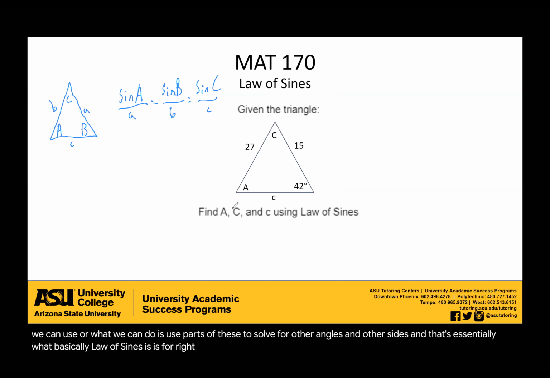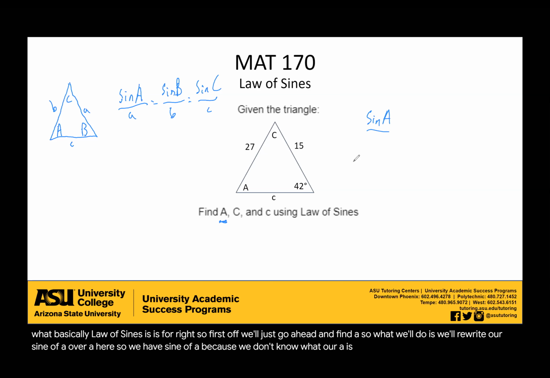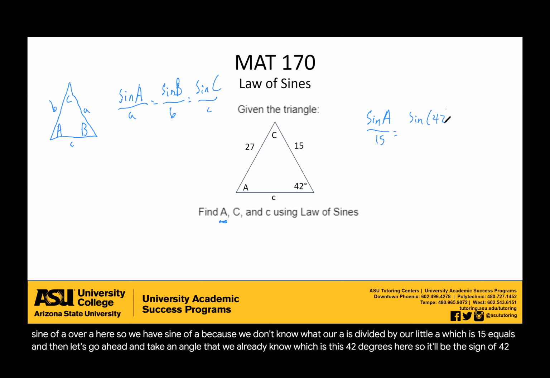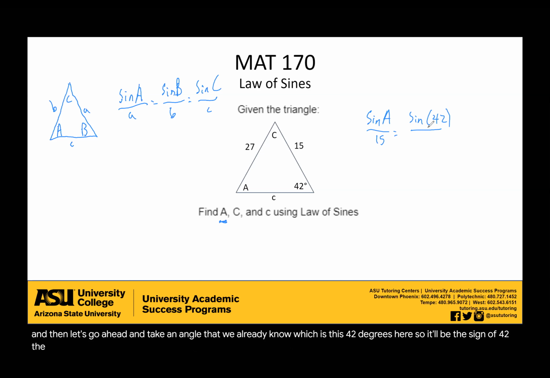First off, we'll find A. We rewrite sine of A over a: sine of A, because we don't know what A is, divided by little a, which is 15, equals an angle that we already know, the sine of 42 degrees, divided by its opposite, which is 27.